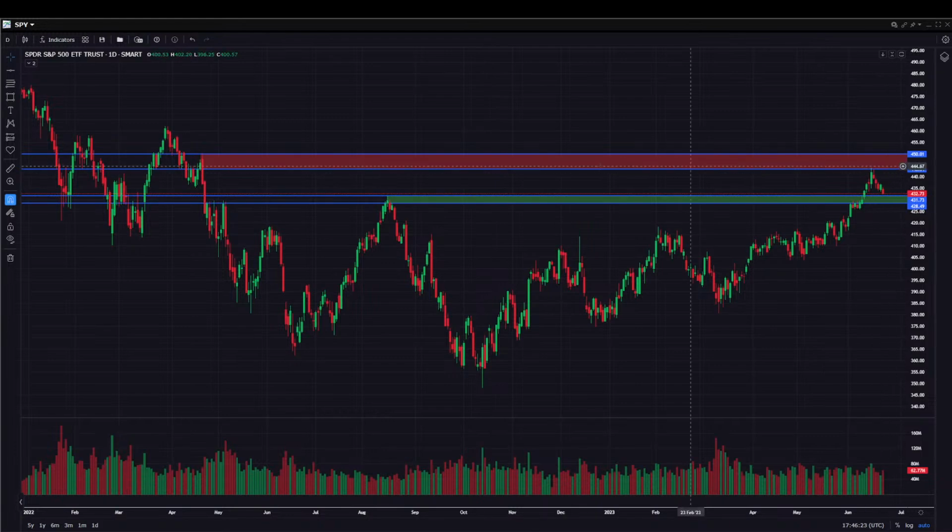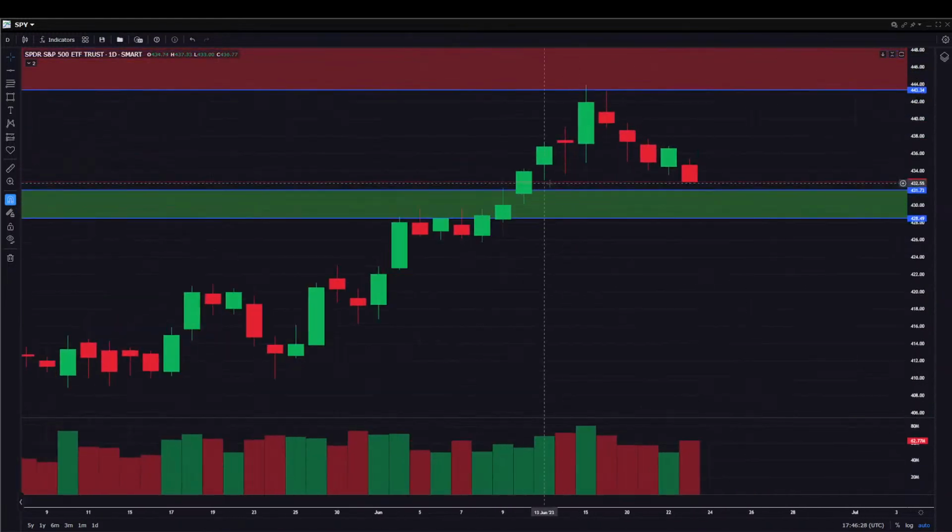We went right to supply, and as you can see, when we broke out, we never got a retracement here. So we never got a real retest of this breakout of this zone. So once that happens, then we can confirm if it's going to be a downtrend or just retest and go.